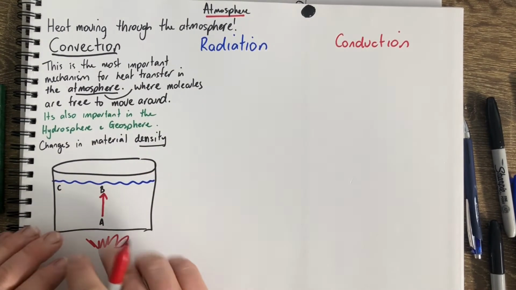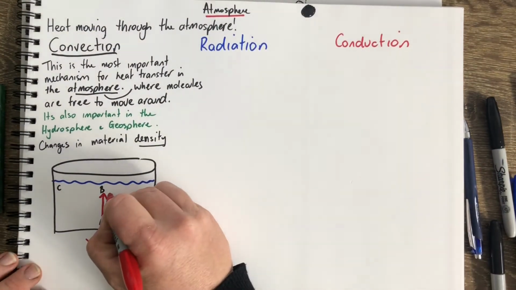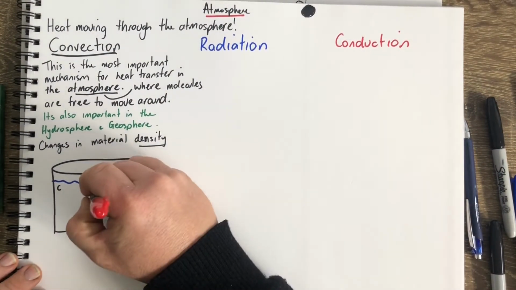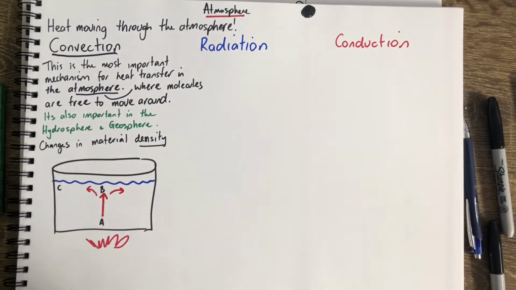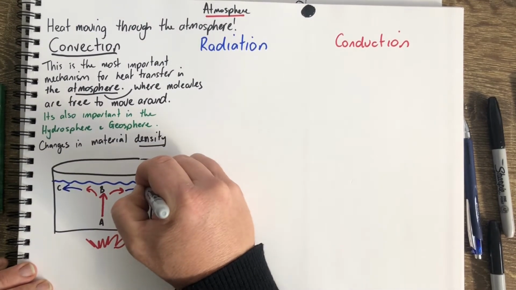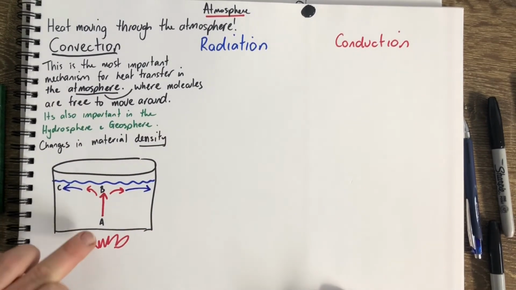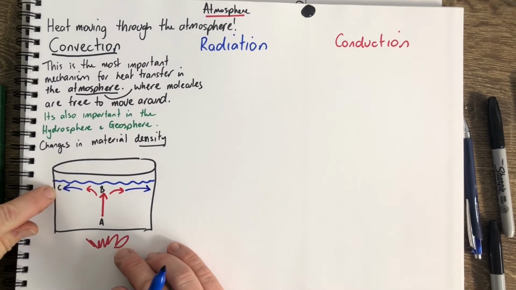When it gets to the top, obviously it can't keep on moving through, although there will be steam formed. But actually what will happen is our water will move across where it will start to cool, because point C is our furthest point away from our heat source. So the water is going to be coolest at this point.